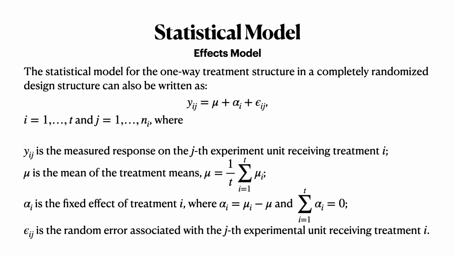Mu is the arithmetic mean of the treatment means. So mu is equal to 1 over t times the sum i going from 1 to t of the mu sub i's. Alpha sub i is the fixed effect of treatment i, where alpha sub i is equal to the difference between mu sub i and mu, and where the sum of the alphas is equal to 0. And then again, epsilon sub ij is the random error associated with the jth experimental unit receiving treatment i.